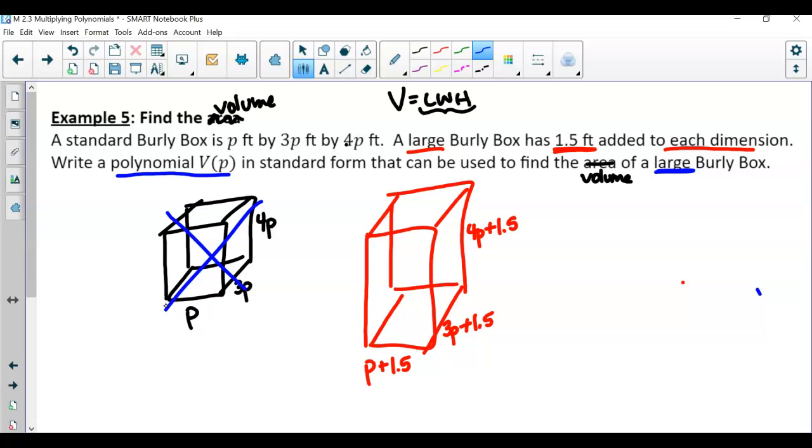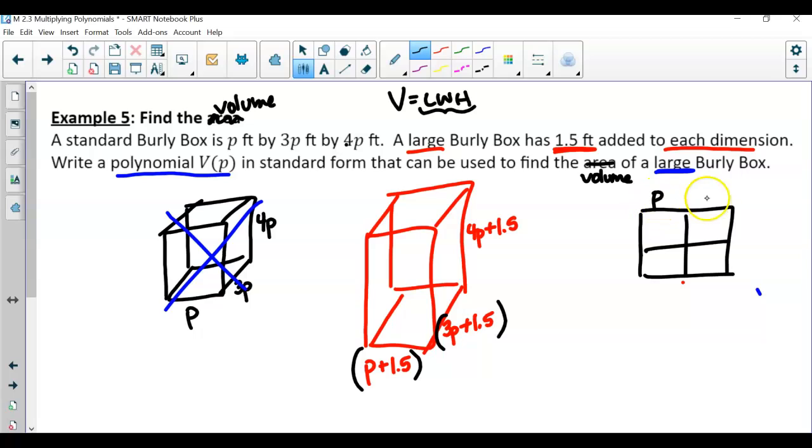So let's take 2 dimensions at a time. Here I've got multiplying a 2 by 2. Well, that's just box method. So here I'm going to set up my box, and we're multiplying P plus 1.5 times 3P plus 1.5.